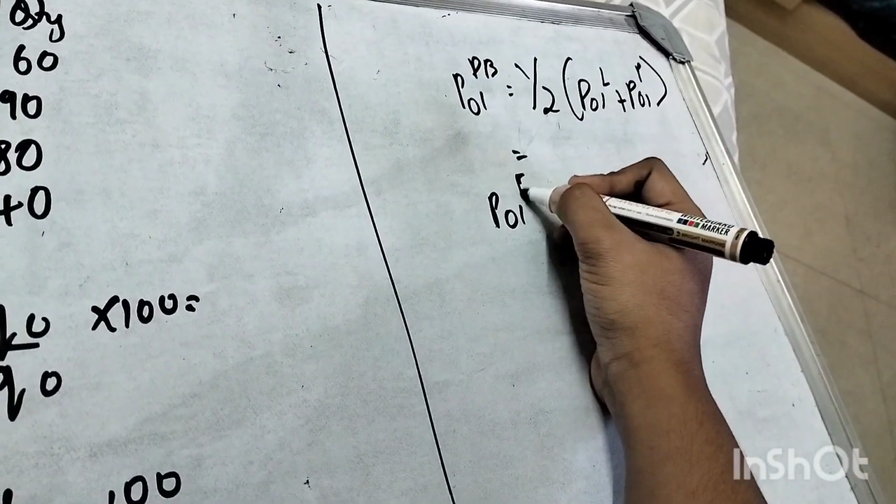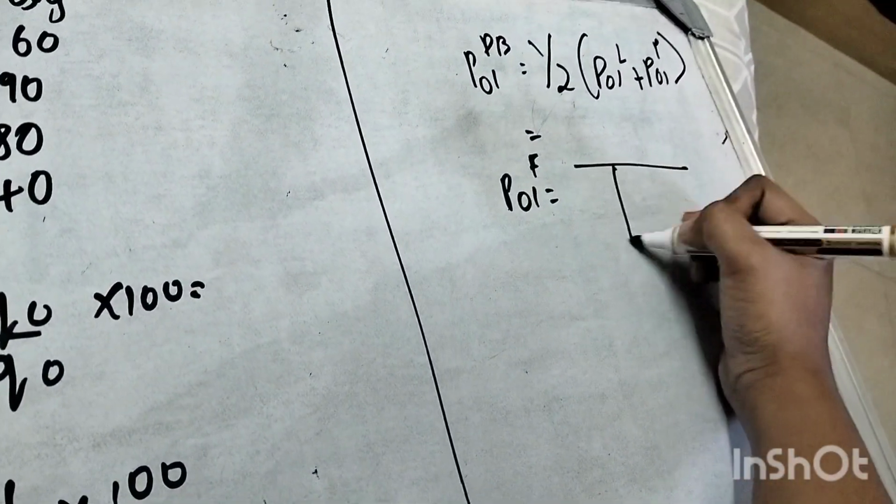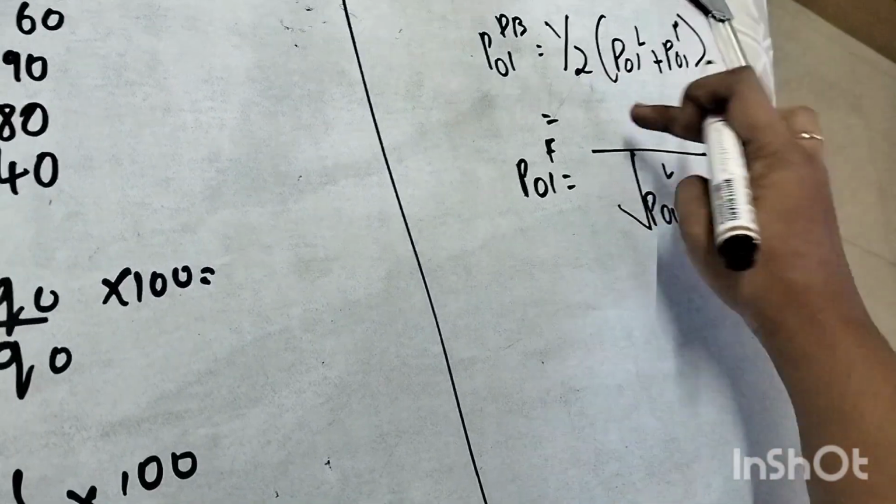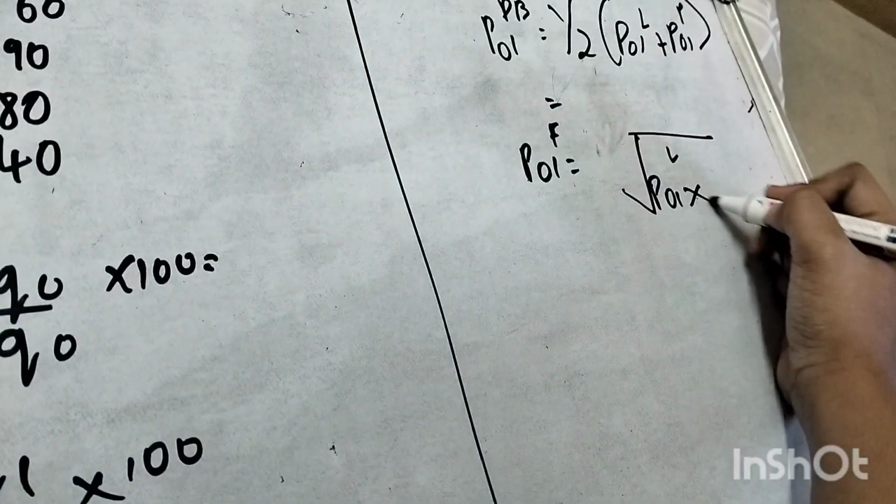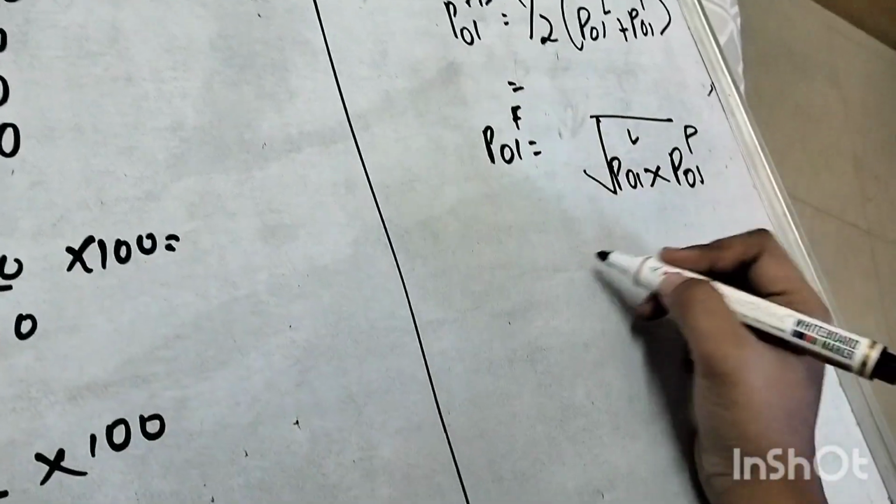P01 of Fisher's is the square root of P01 of Laspeyres into P01 of Paasche.